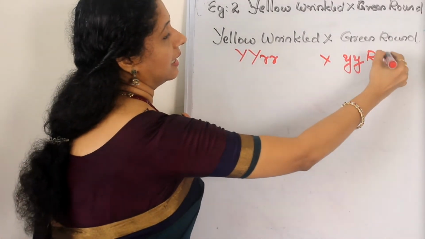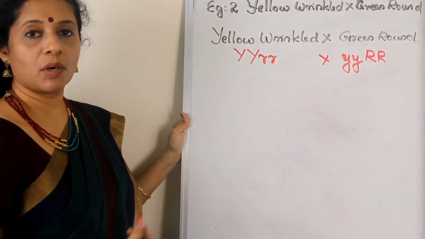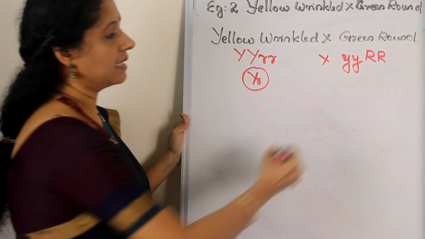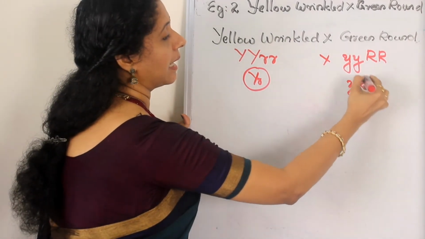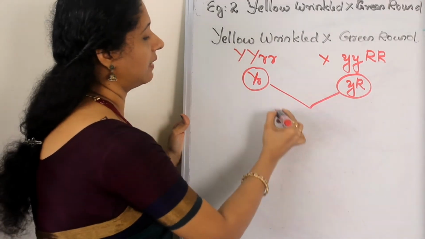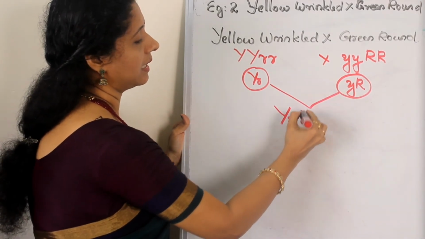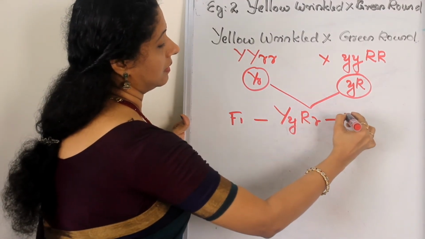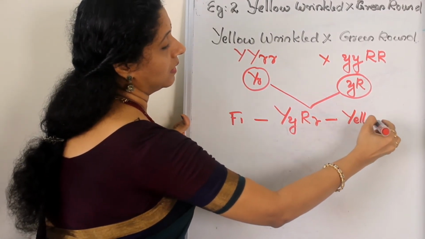Capital R, capital R. Now what are the gametes? Capital Y, small r, and small y, capital R. When we are cross-pollinating, we will get capital Y, small y, capital R, small r. Yellow, round.